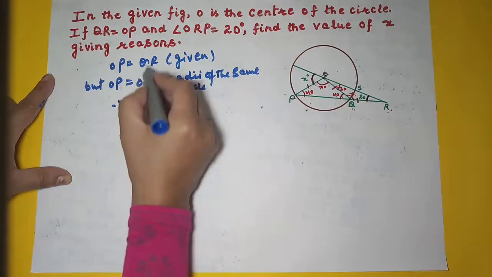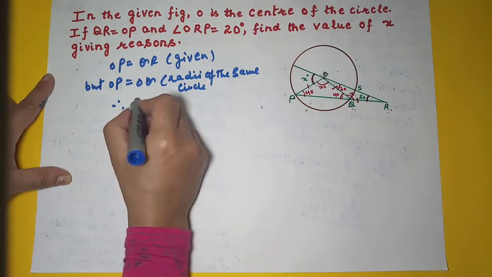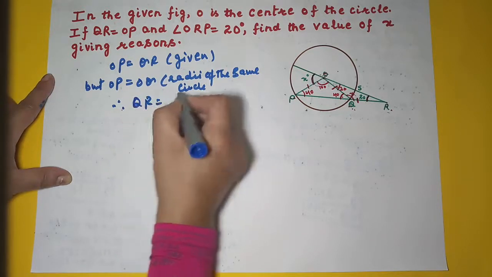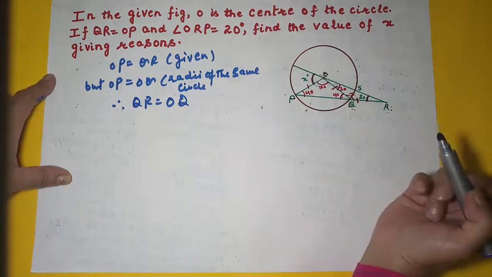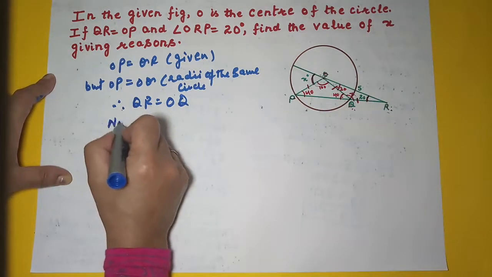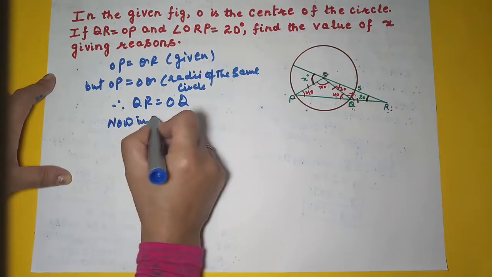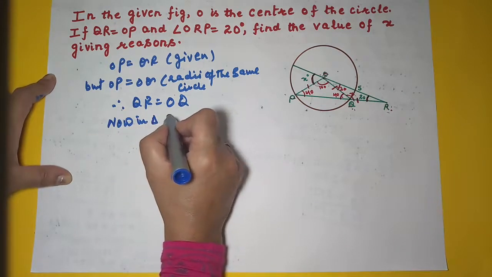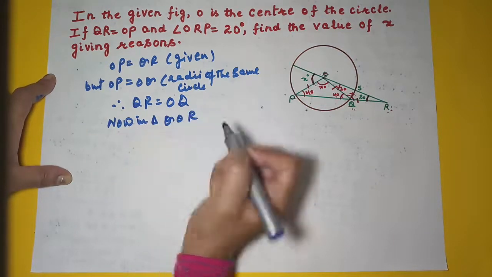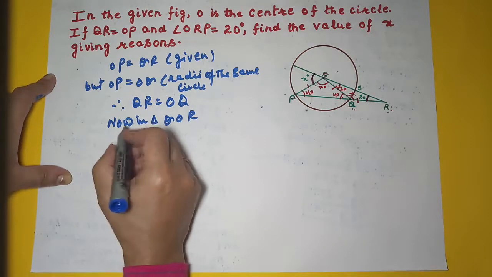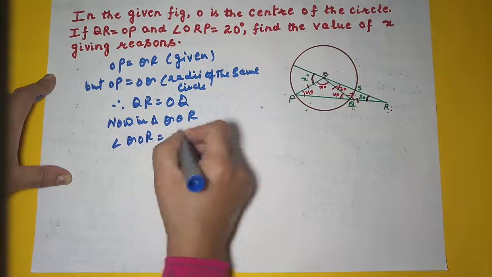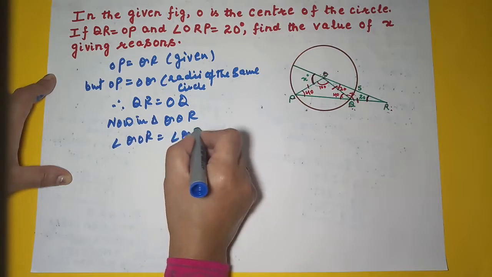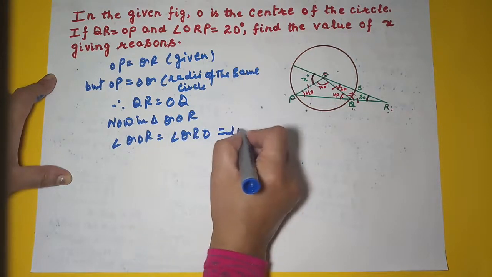Therefore, if you compare these two, you can say that QR is equal to OQ. QR is equal to OQ. So now in triangle QOR, angle QOR is equal to angle QRO is equal to 20 degree.